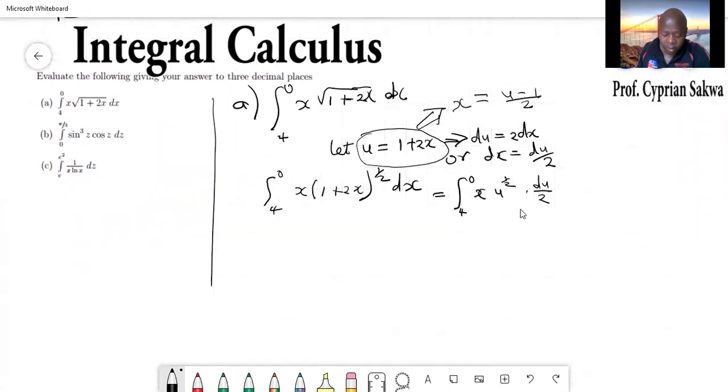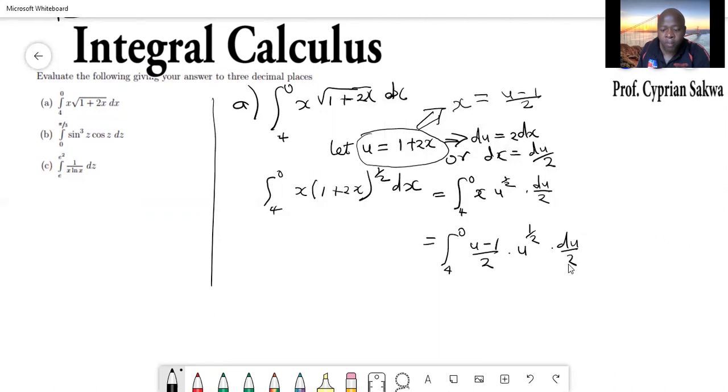Let's now write, where there is x, its equivalent in terms of u. So this will be the integral from 4 to 0. Instead of x, you write u minus 1 over 2, then there is u raised to a half, and then we have du over 2.